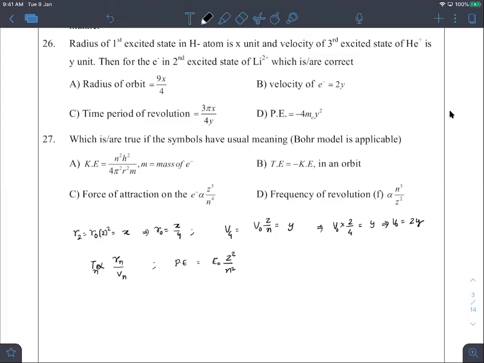Ishan, you got that? Doing it, sir. Arnav, check 27D.